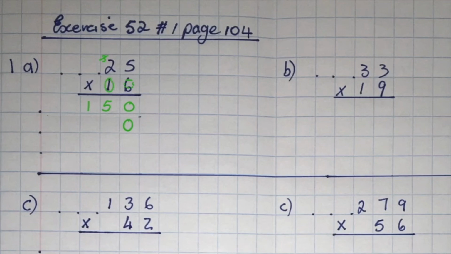Starting with the 1 to the 5. 1 times 5 is 5. 1 times 2 is 2. And now we add 0, 10, 400.